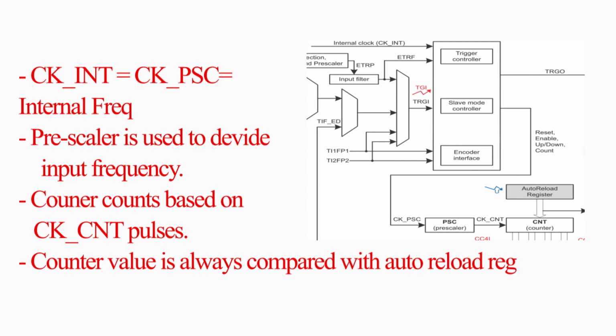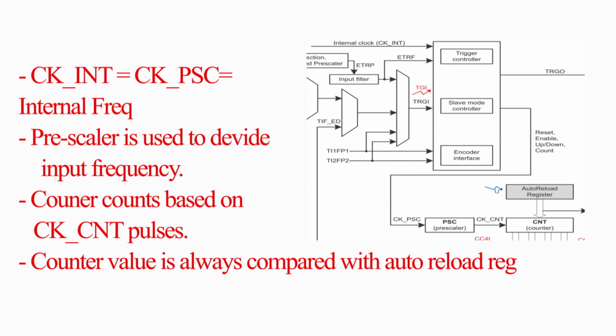The output frequency of the prescaler is CKCNT. The counter counts pulses with respect to CKCNT. So when the timer is started, assuming it is configured to count in the upward direction, it will start counting upward starting from 0. The counter value is always compared with the value in the auto reload register.